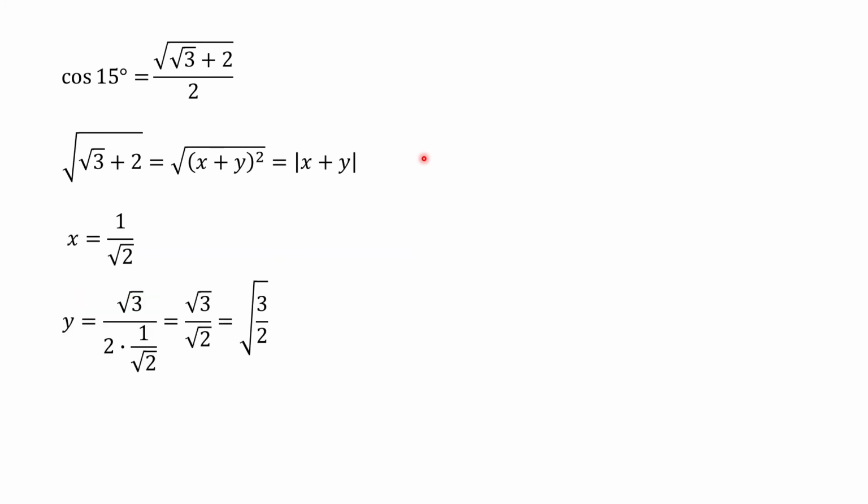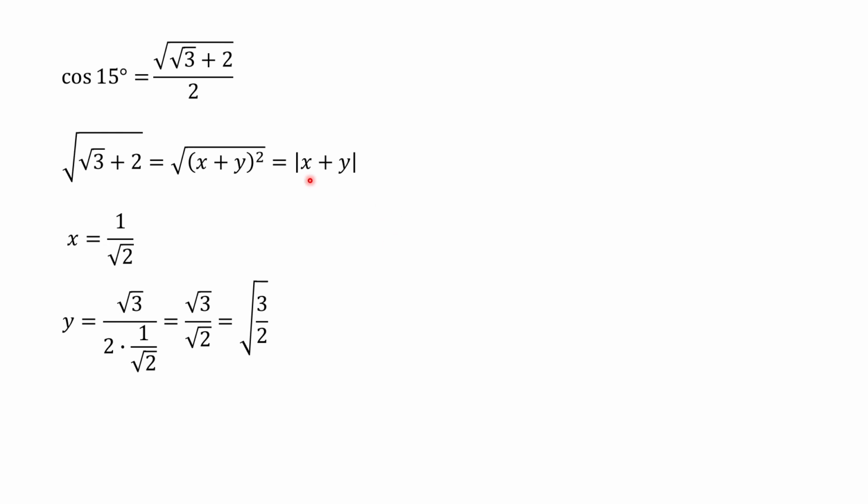We just leave what we need for this. And the next thing to note is that what we found, that the square root of 3 plus 2 equals the absolute value of x plus y, and this is x, this is y. Now notice that both x and y are positive, and x plus y in this case is going to be positive.